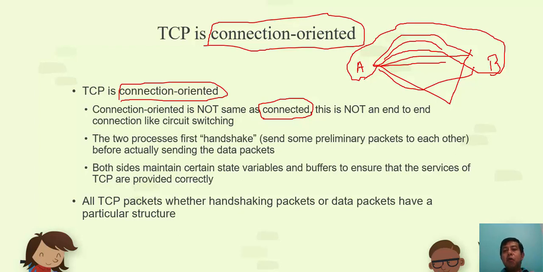This means two steps. First step, before A and B start communicating, before A and B actually start transmitting the data that is received from the application layer, they do some sort of handshaking. Now, what is the meaning of handshaking? Just like when two people meet, before they start speaking about a particular topic, they say hi, hello sort of things to each other.